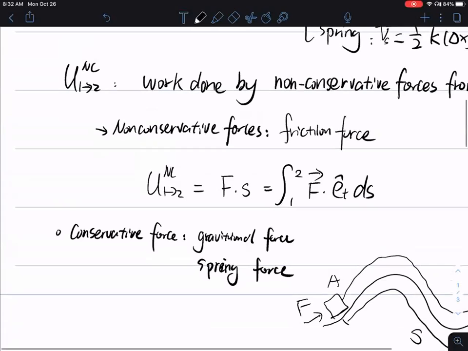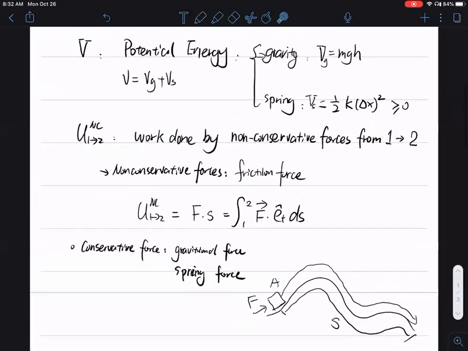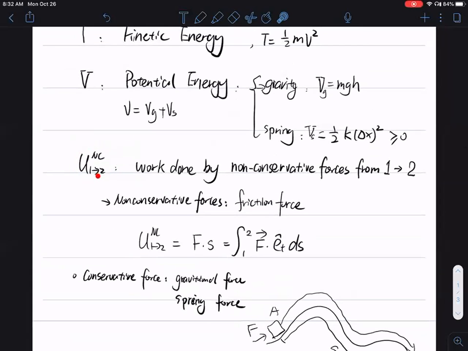And this equation, UNC 122, is only for non-conservative force, such as friction force. That's the one we just mentioned.